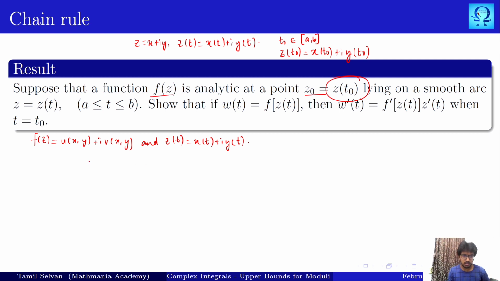So now what happens is that your w of t becomes u of x of t comma y of t plus iota times v of x of t comma y of t. Now we'll have to apply the chain rule for the two variable case.